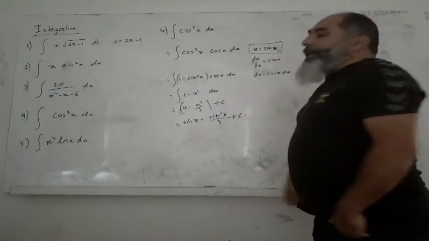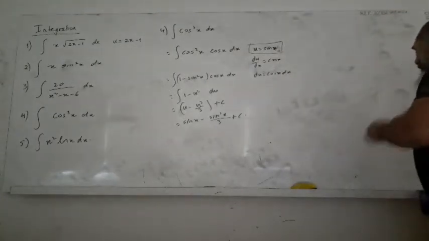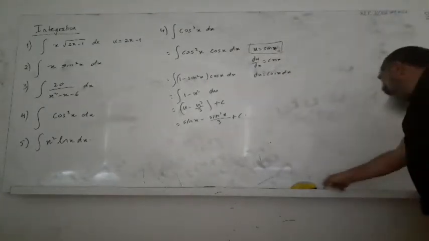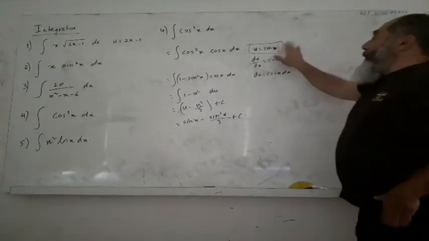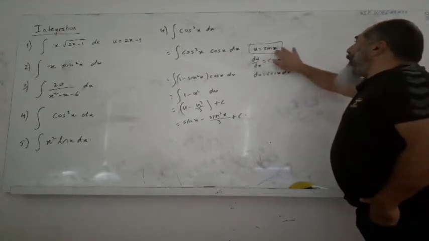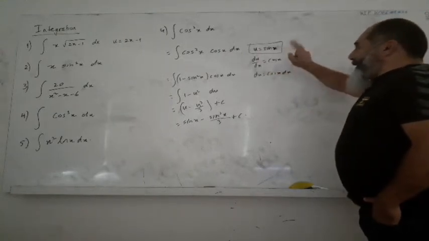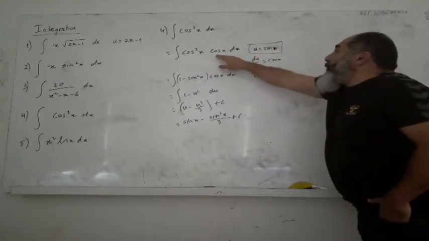That's the way to use the substitution method. Here you have to choose your own u, the variable u as sine x, so that du is going to be cosine x dx. That's the important part of the question.